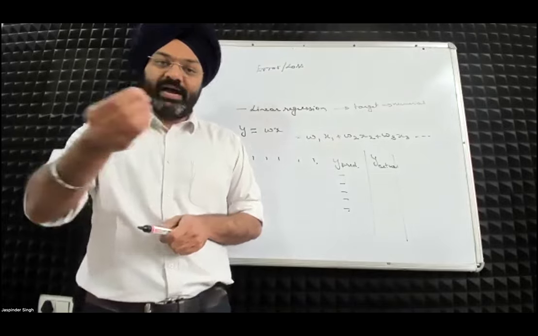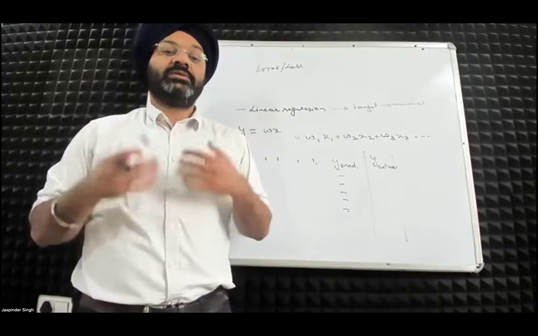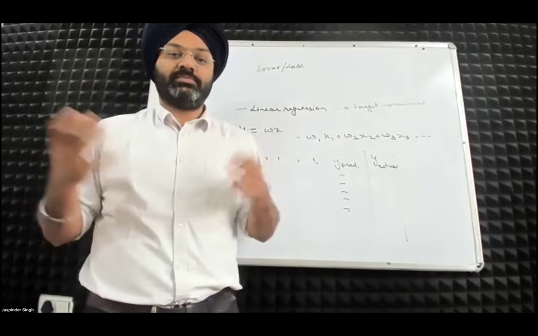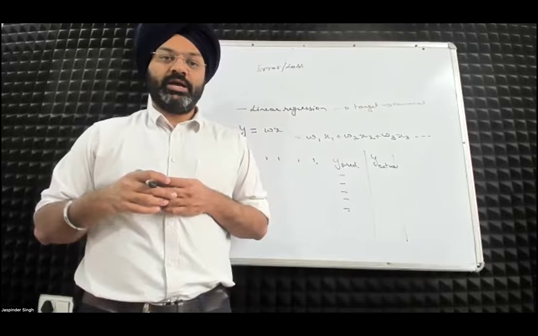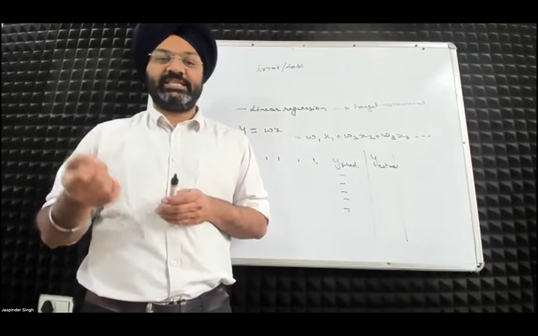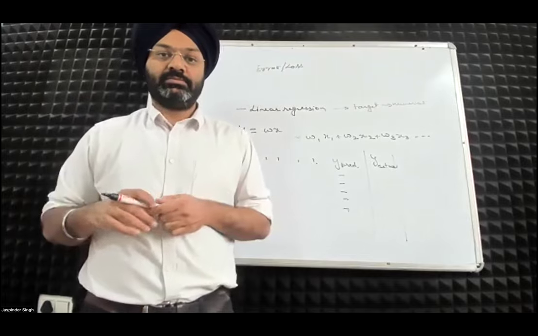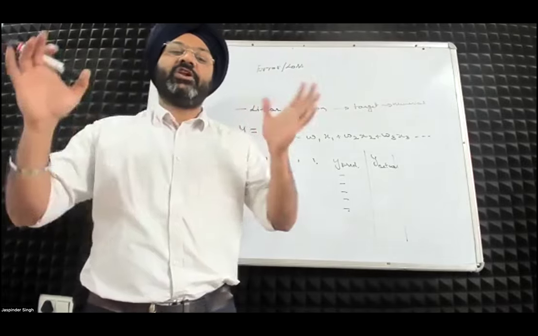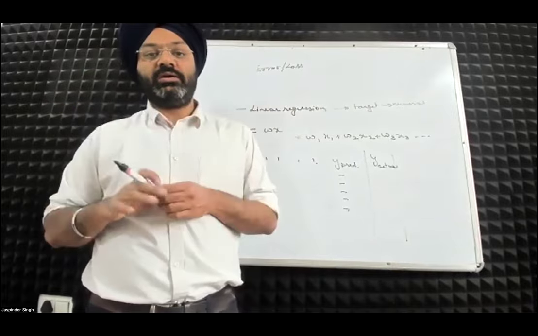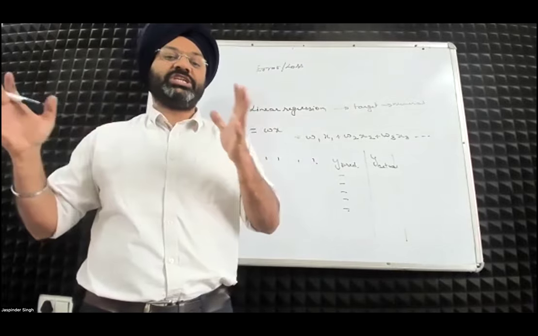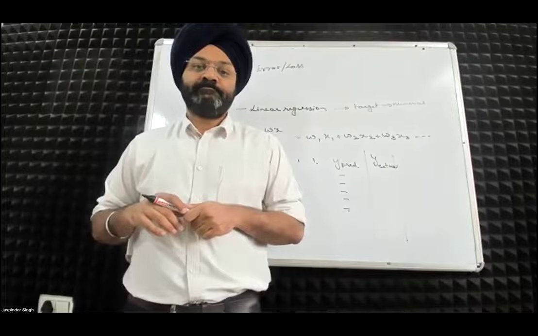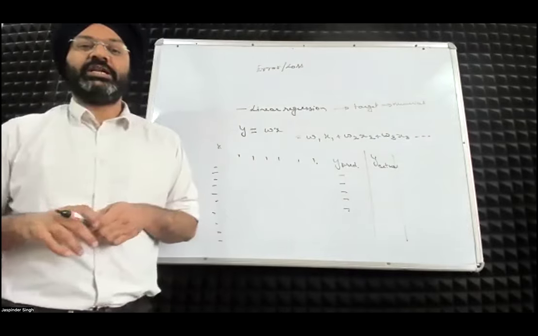Based upon that error, I further adjust my weights. I means me, I am the model. So in each iteration, I keep adjusting the weights so that my error is minimized. This is the basic philosophy of how the linear regression machine learning model is running, or any kind of machine learning model.